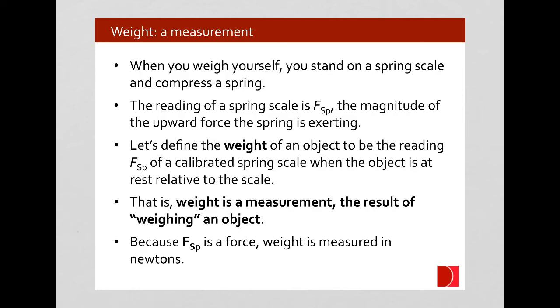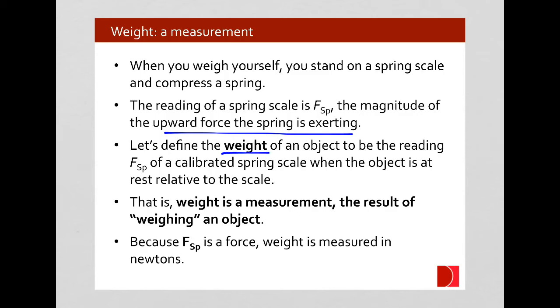When you weigh yourself, you stand on a spring scale, and you are compressing the spring in that scale. And then when you come to equilibrium, the scale knows how much force you're applying to it by how much upward force the spring has to exert to hold you up.